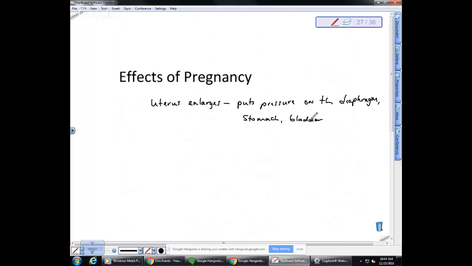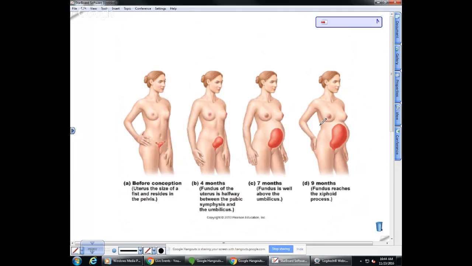So you get gastroesophageal reflux. And then the bladder means that you have to urinate all the time. The female is producing more urine because of pregnancy, but just the pressure of the developing embryo on the bladder also causes problems, right? So this is the enlargement of the uterus as the baby develops, okay?